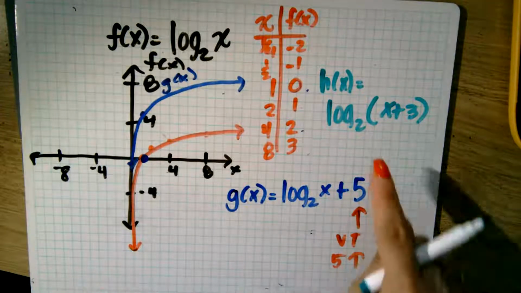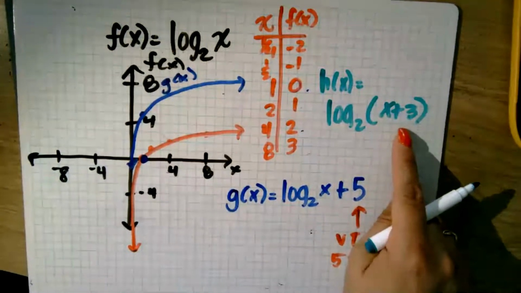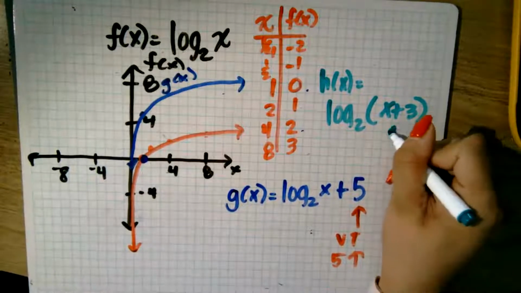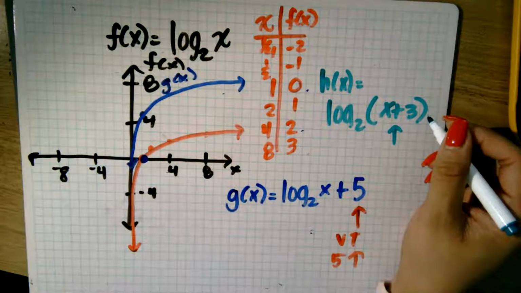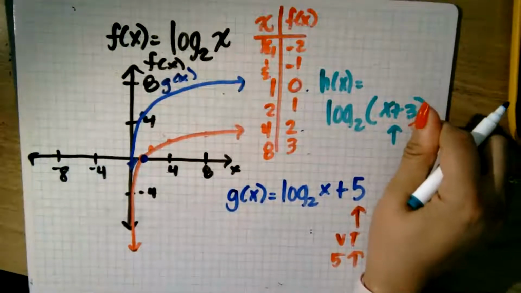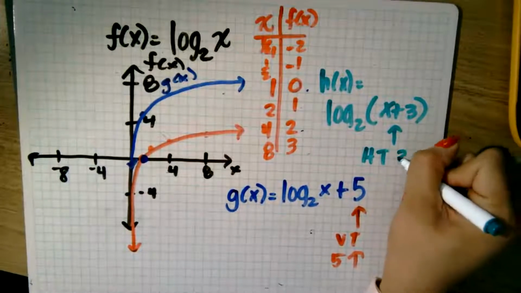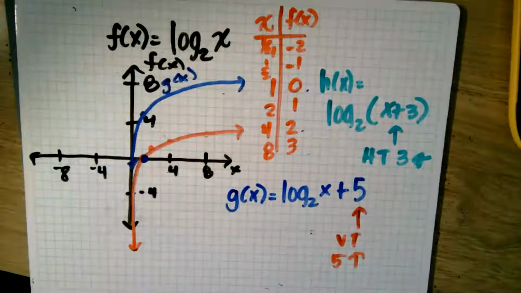I notice that it's in the input, so remember, horizontal translation is always opposite of what the equation tells us. The equation is telling us plus 3, but really it means opposite. So this is a horizontal translation 3 units to the left.